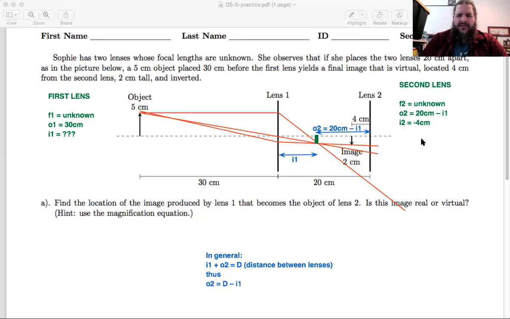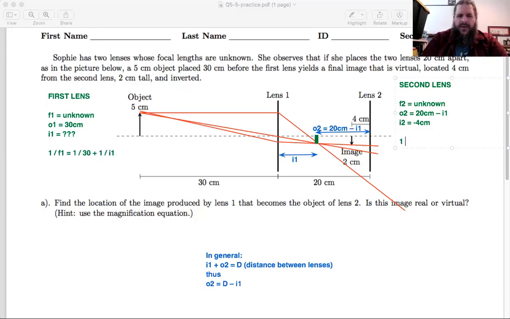So we have some values. We can chain those values together in terms of the thin lens equations. For example, we know that 1 over F1 equals 1 over O1, which is 30, plus 1 over I1.